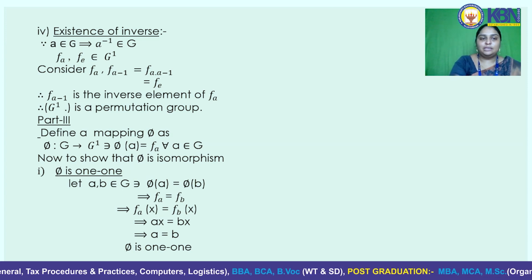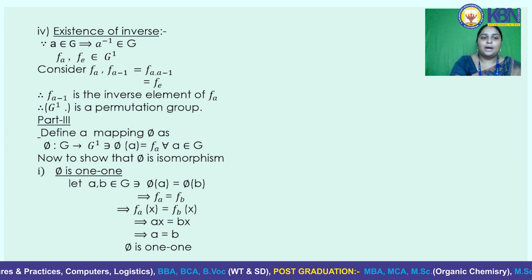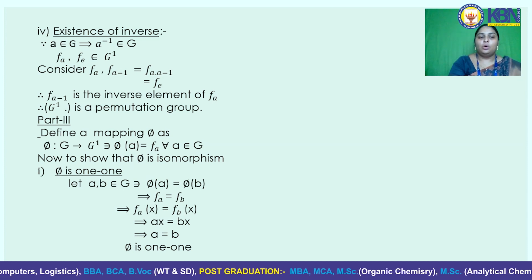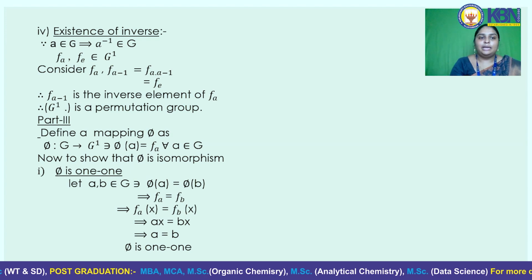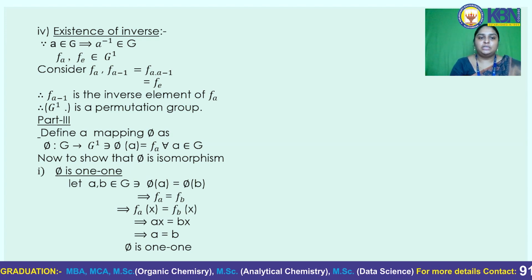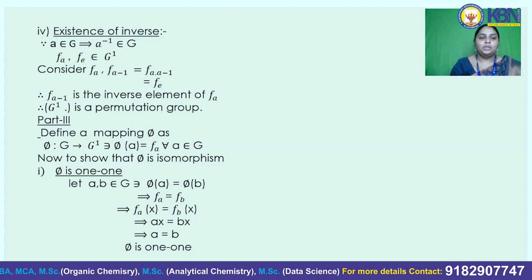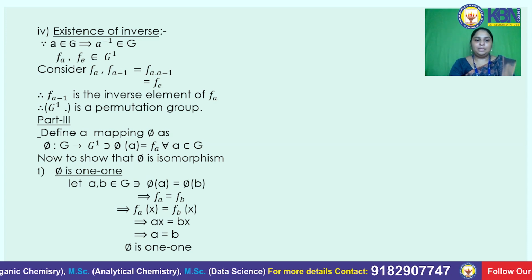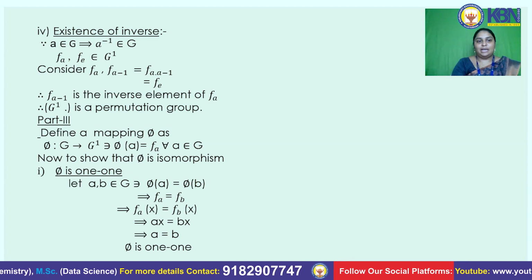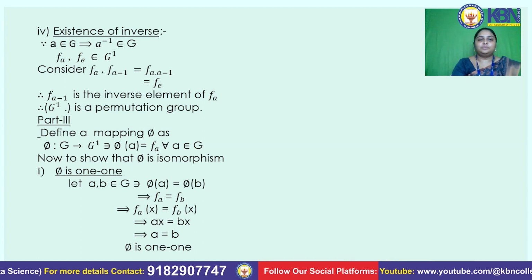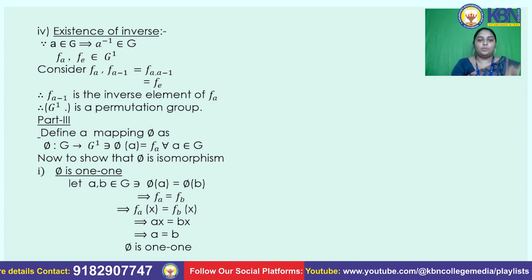The main theorem can be proved in part 3. That is, already we have the finite group G. Now we get the set G', which is its permutation group. Now we are defining the mapping between this finite group and the permutation group G', and we have to say that this phi satisfies the isomorphic properties.